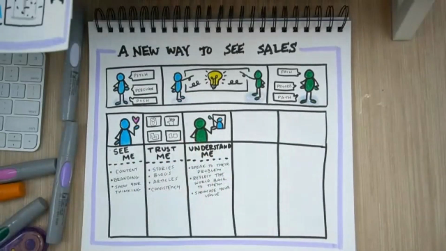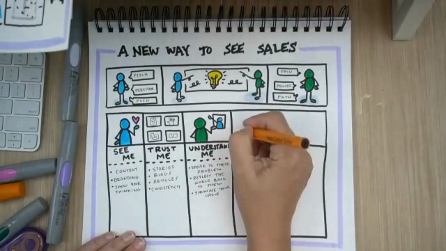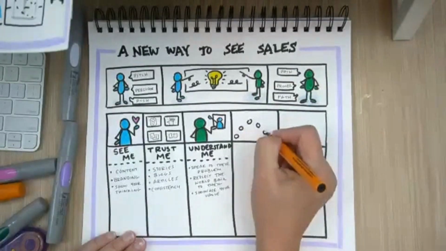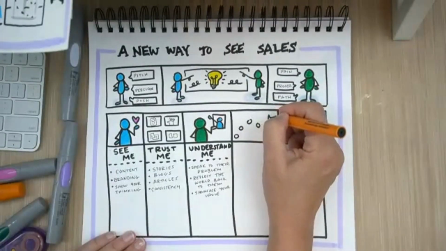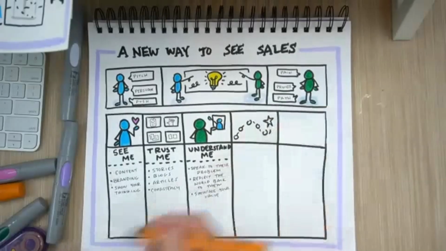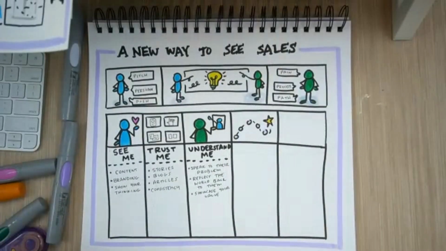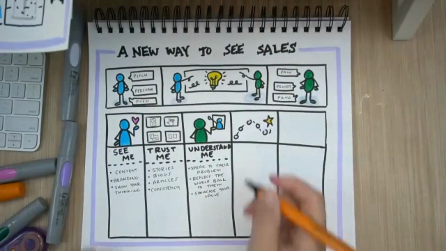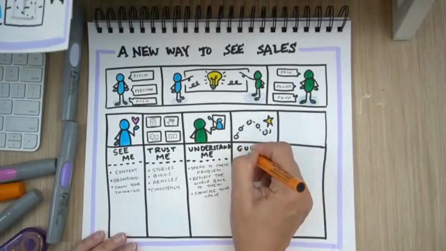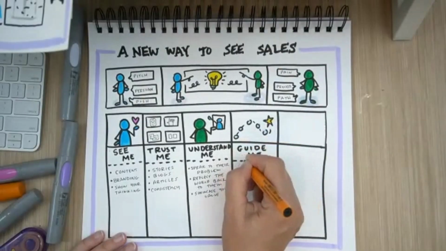And in this process of what you're sharing online, you are also sharing the pain, the process, and the path. What you're doing is you're helping them by guiding them. This is Guide Me.